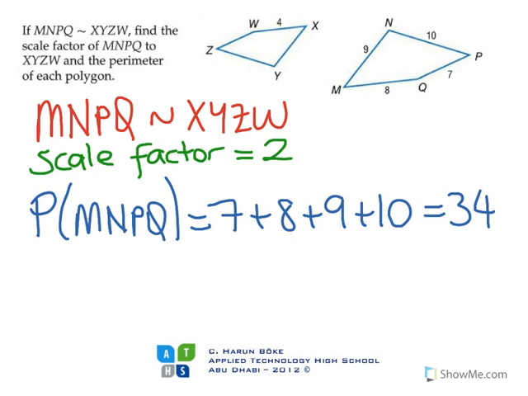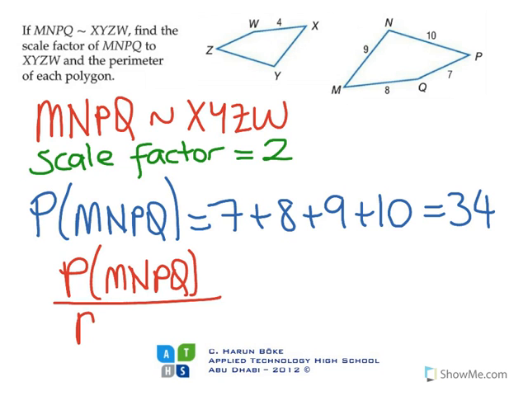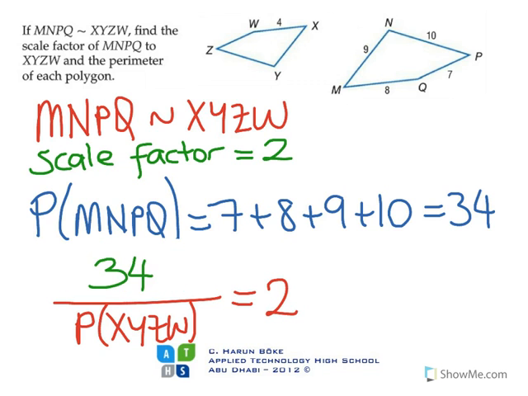So since the scale factor is 2, I can write the perimeter of MNPQ over the perimeter of, say, XYZW will give me the scale factor, which is 2. Since I know the perimeter of MNPQ, I substitute that value, which is 34, and solve for the perimeter of XYZW.